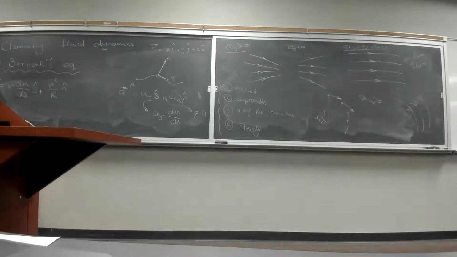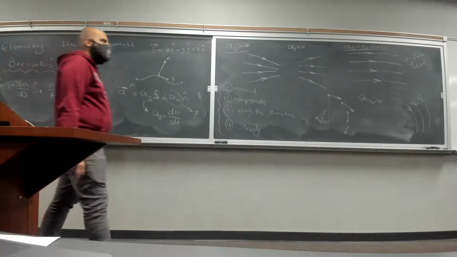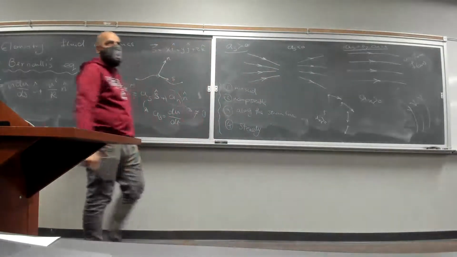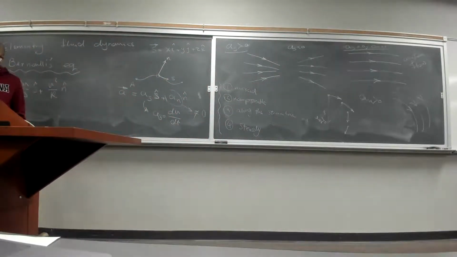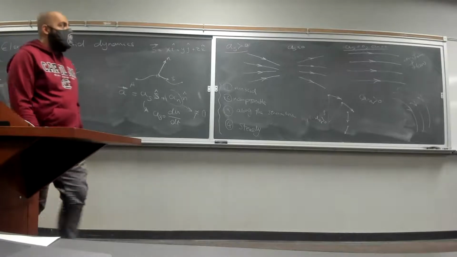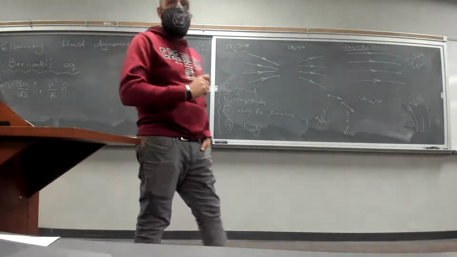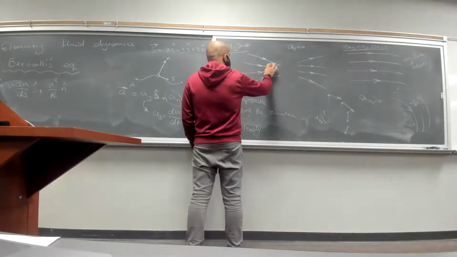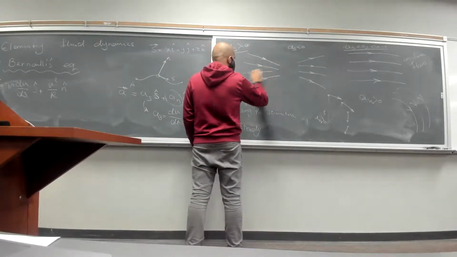So what does it mean? What does a of s larger than 0 mean? It essentially means as you move along these streamlines, your velocity is going to increase. It doesn't have anything to do with the direction, so you're not going to get any curvature here. The streamlines are straight lines.